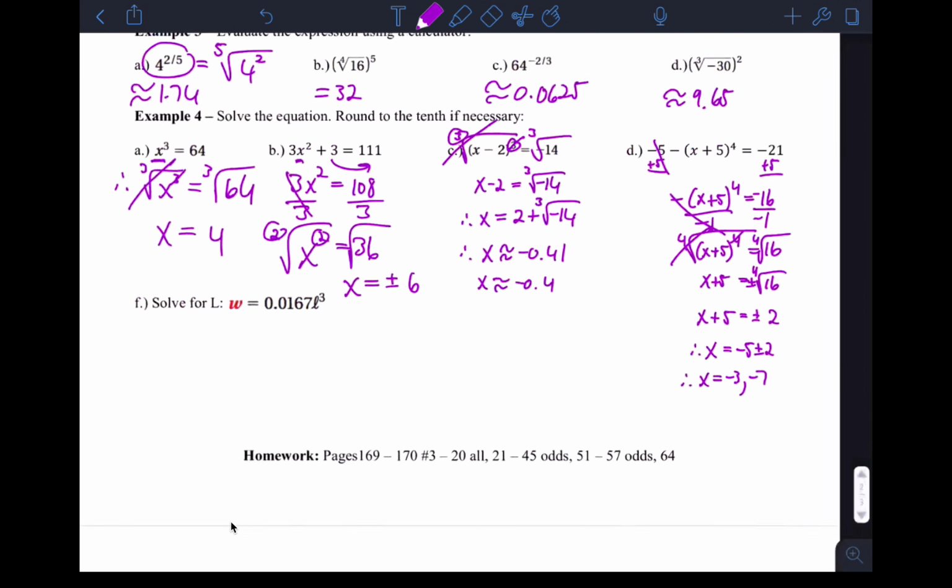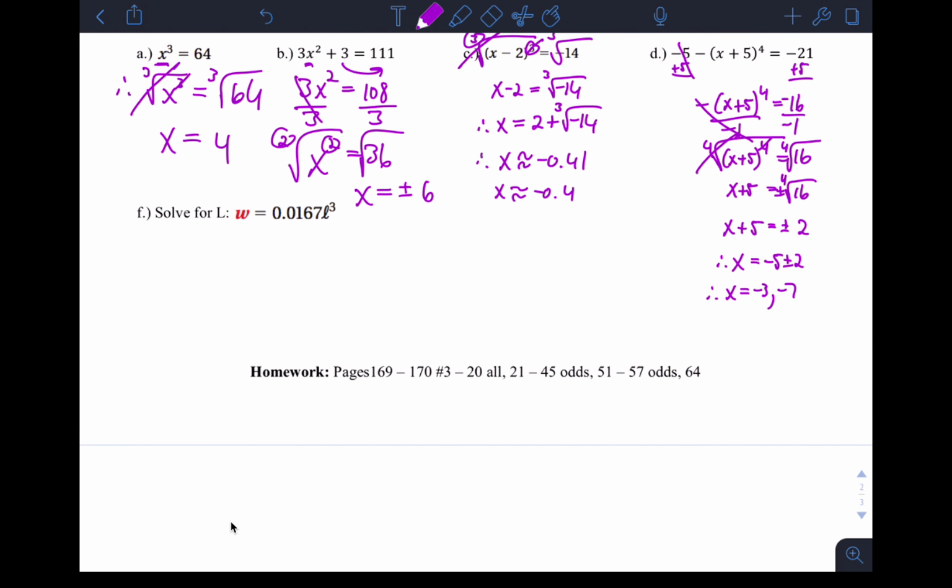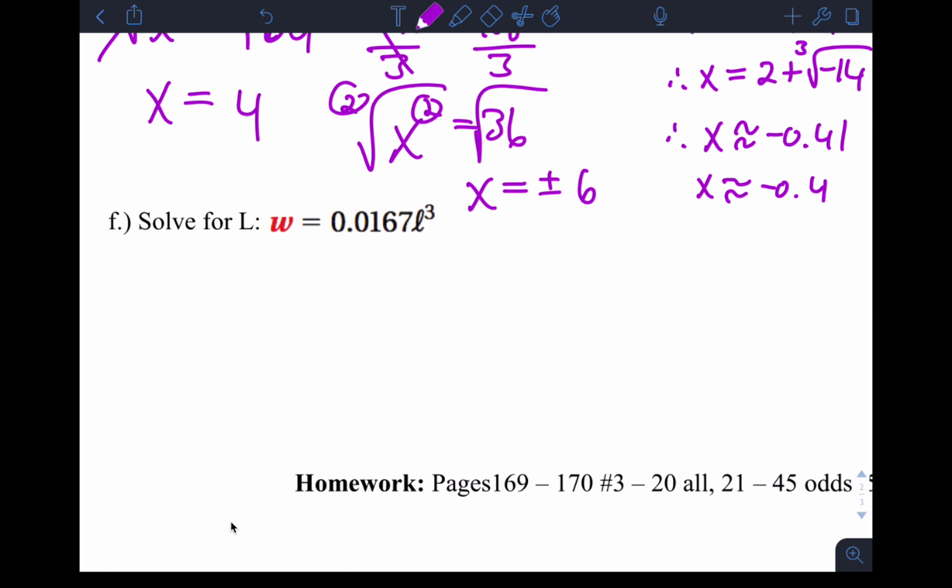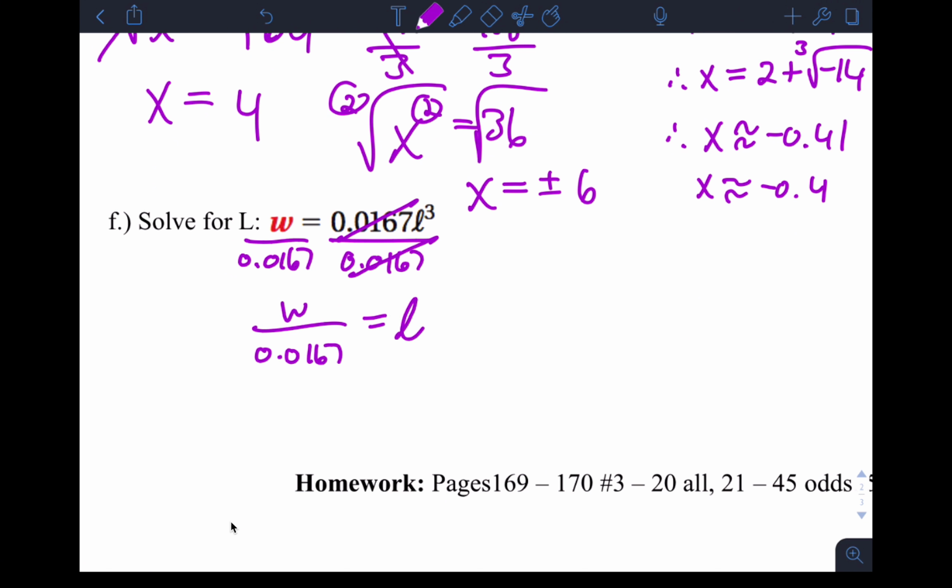Alright, and then lastly, just one more example, solve for L. In other words, take this formula and isolate the L, solve for L, get L by itself. So what we're doing here is first just divide both sides by the decimal number in front of L cubed. This would cancel, and what I have left is W over 0.0167 equals L cubed.